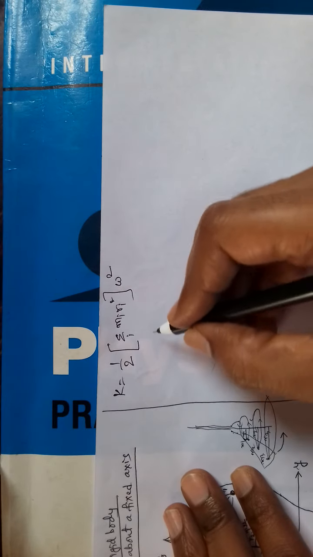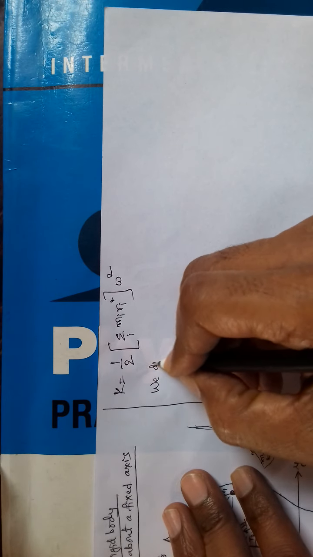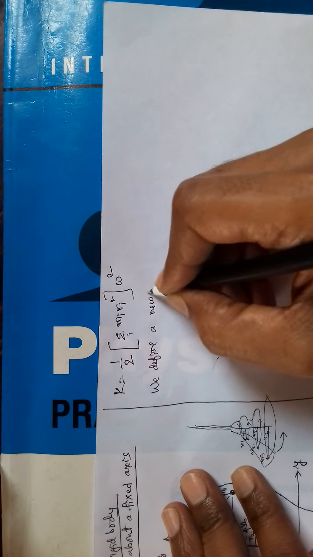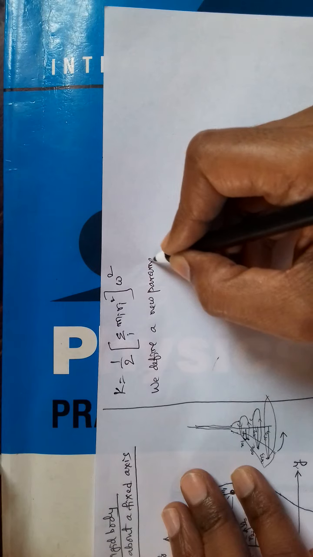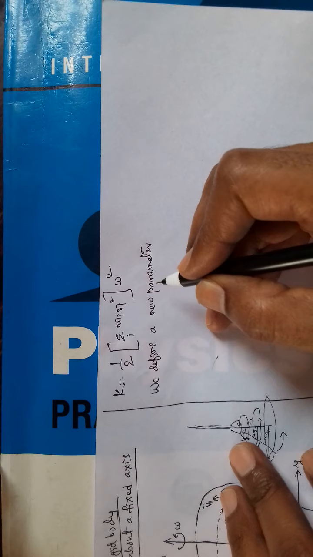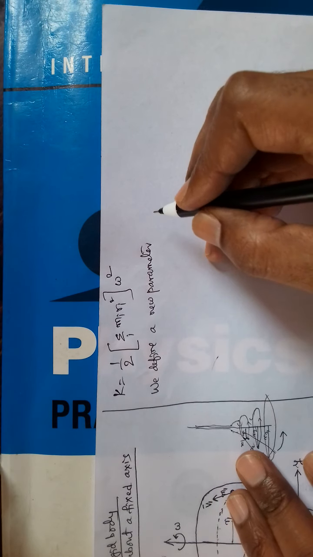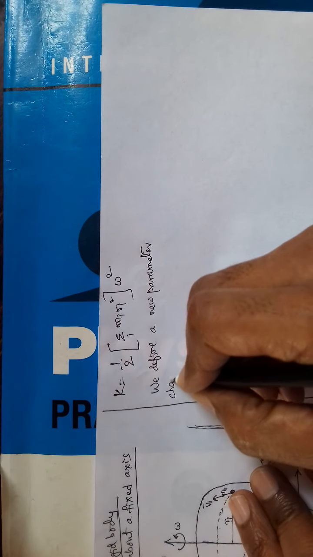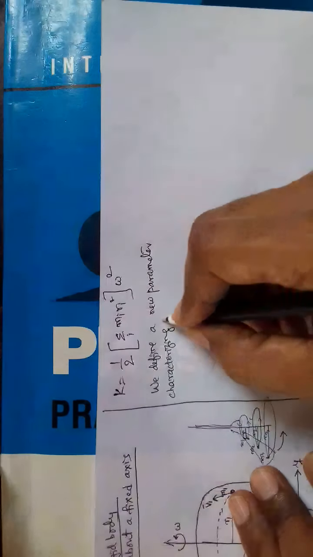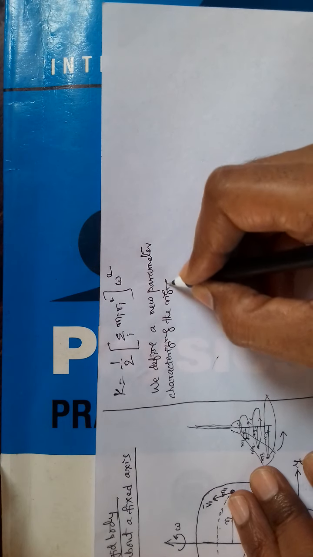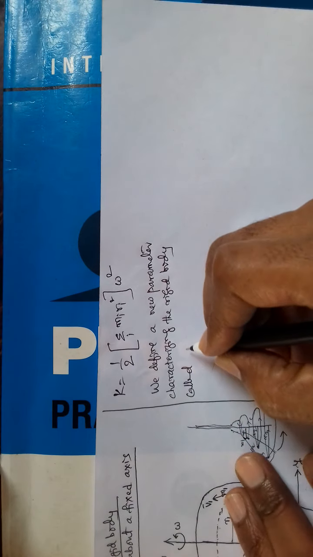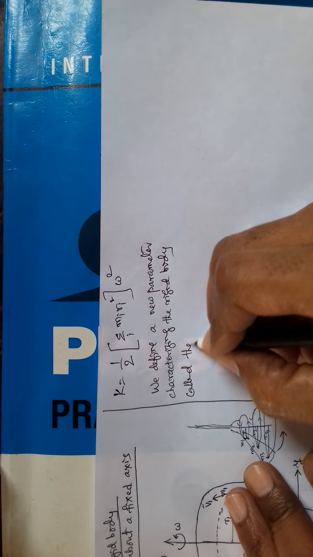Here we define a new parameter characterizing the rigid body, called the moment of inertia.